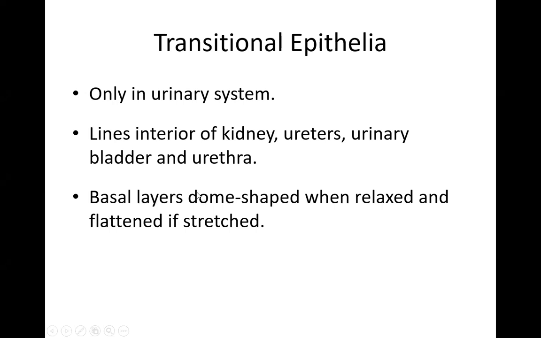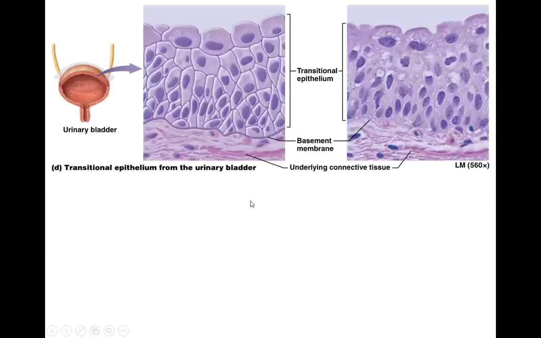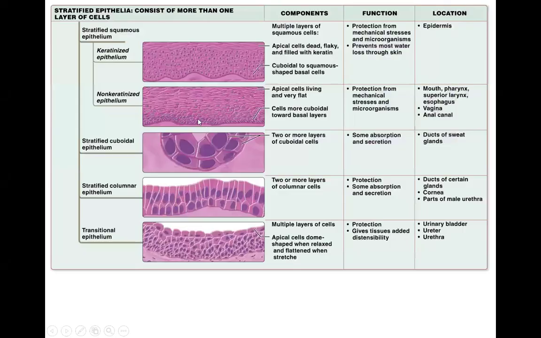The basal layers are dome-shaped when relaxed, and they are flattened when stretched. So this is the transitional epithelium from the urinary bladder. This is the summary of the stratified epithelium, whether columnar, cuboidal, or squamous.